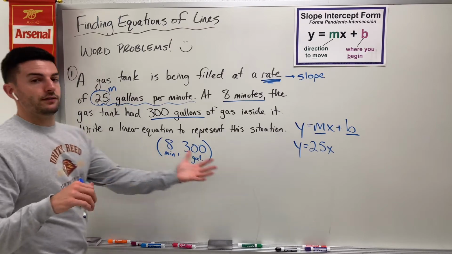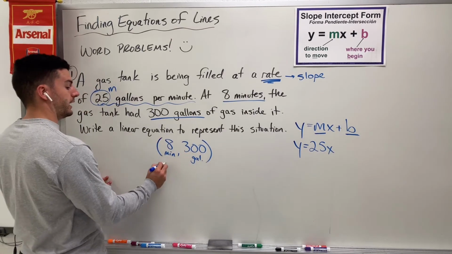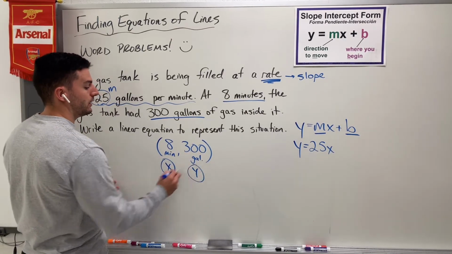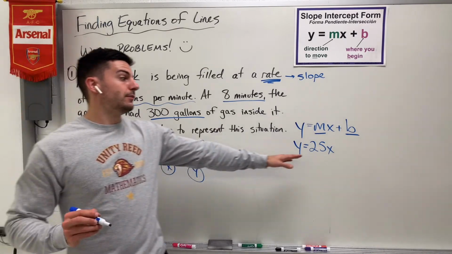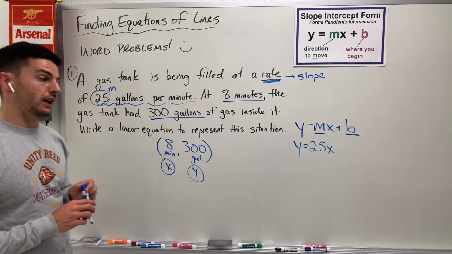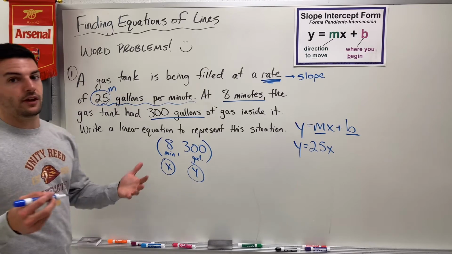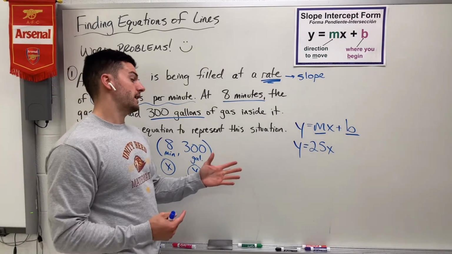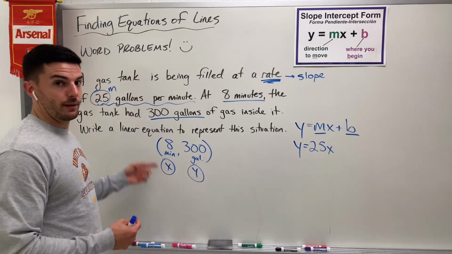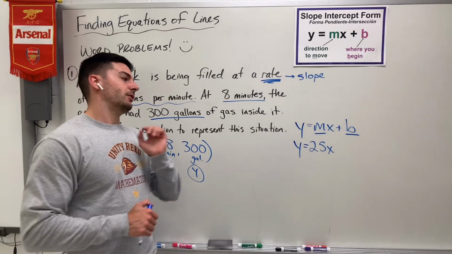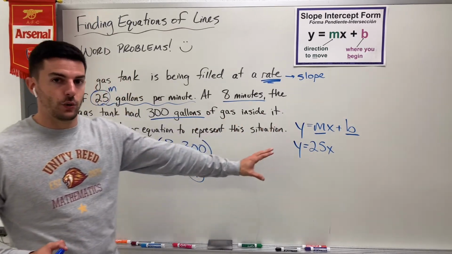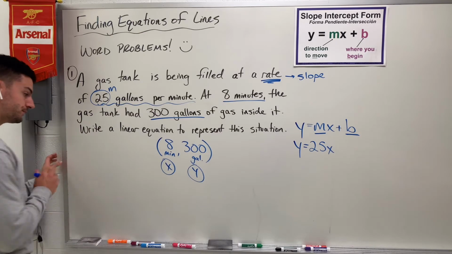And so again, when I'm given an ordered pair, I can think of that as an x and a y value. And I already have my m value from the 25 that it gave me. So what I can do is the same thing that I did before, where I take my m, x, and y, plug all those into the equation, and solve for b.